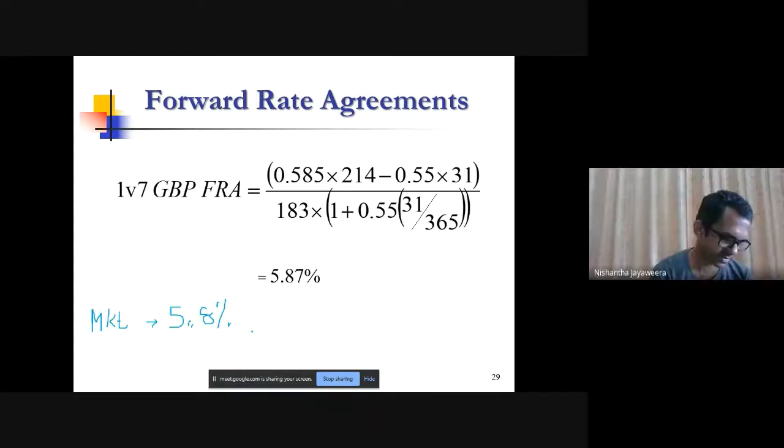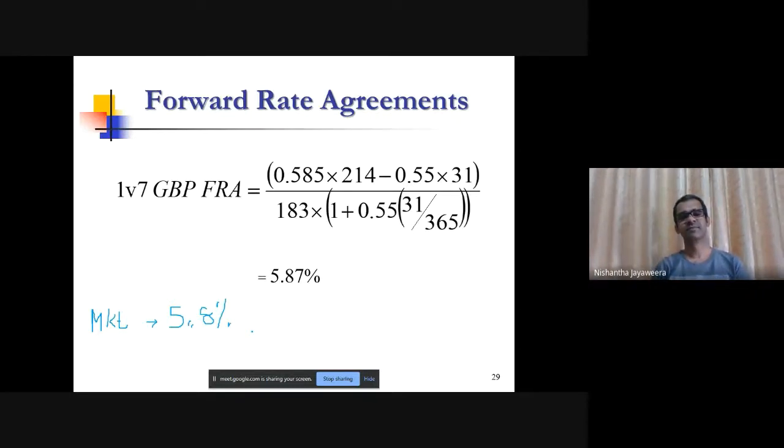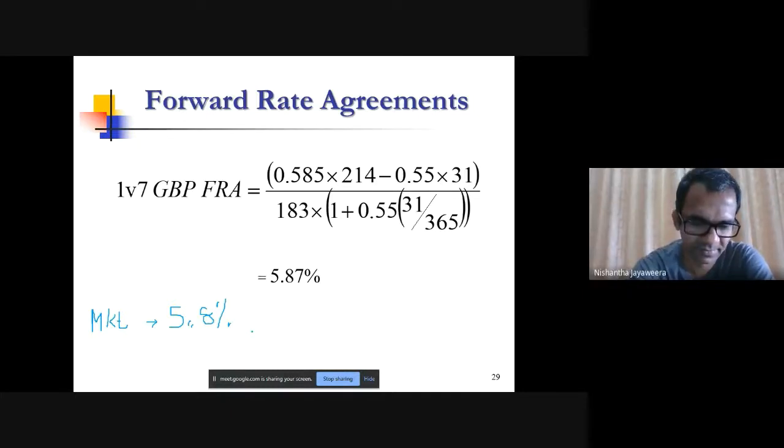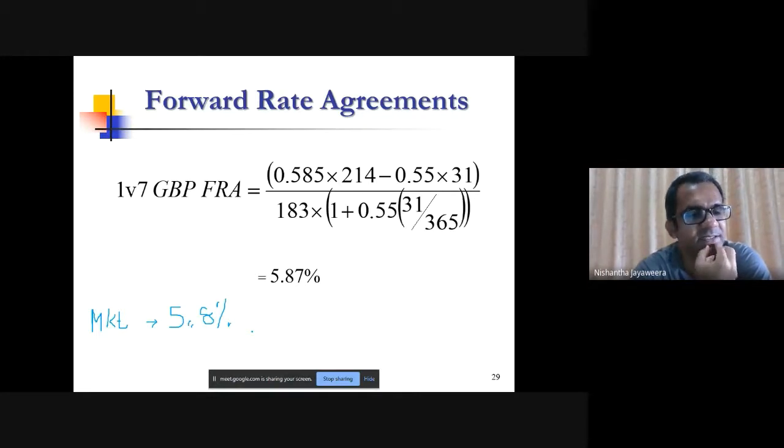Why? Market expectation is that rates go down.